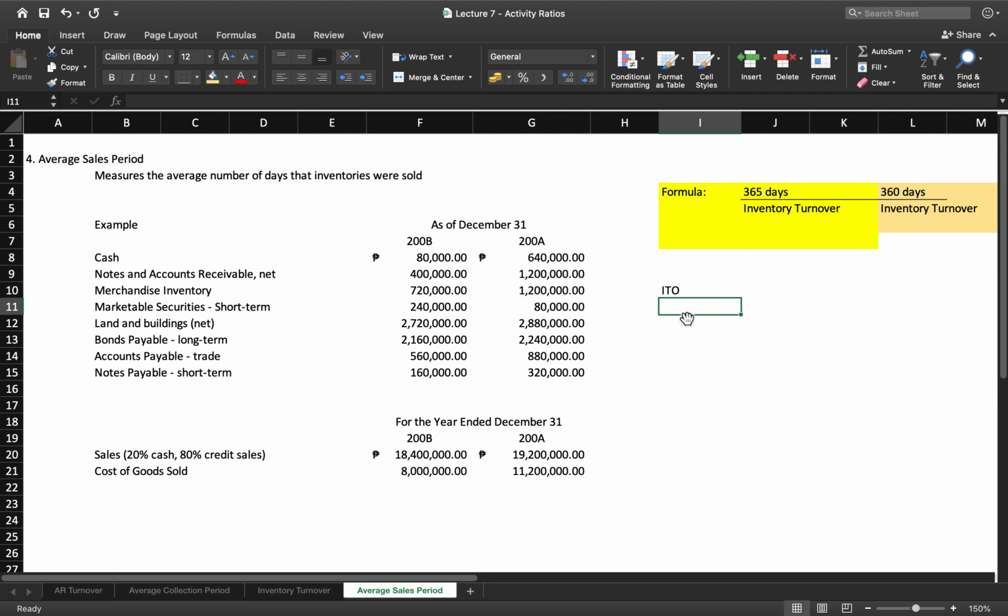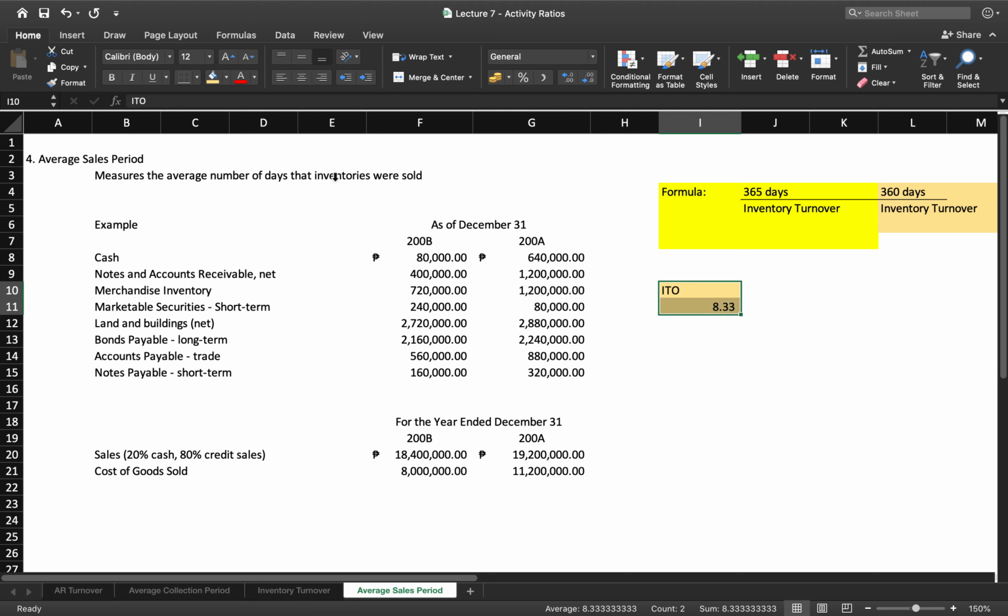First, we should have our cost of goods sold. Our cost of goods sold is 8 million. And then, we will divide it with our average inventory. So, inventory beginning plus inventory ending divided by 2, that is 8.33. So, ito yung ating inventory turnover.